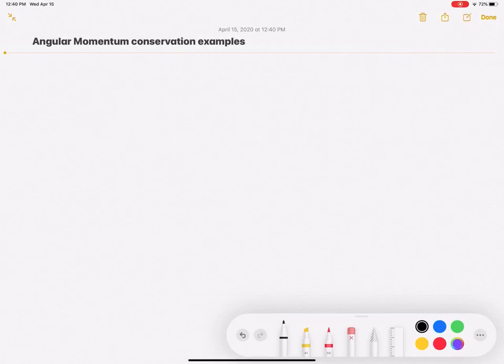Hello, everybody. I'm going to do two quick angular momentum conservation problems.